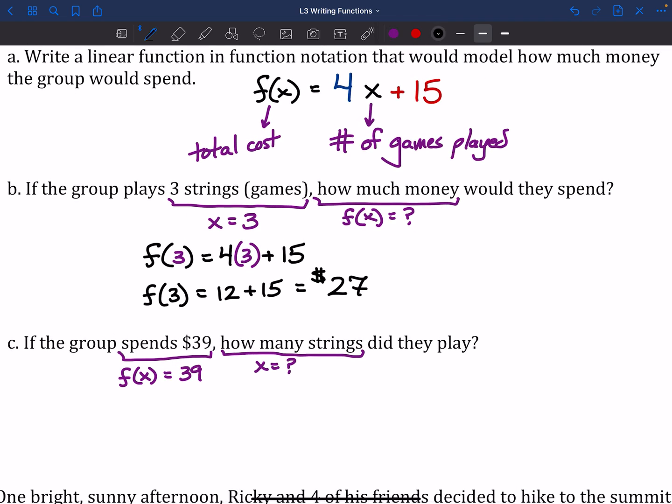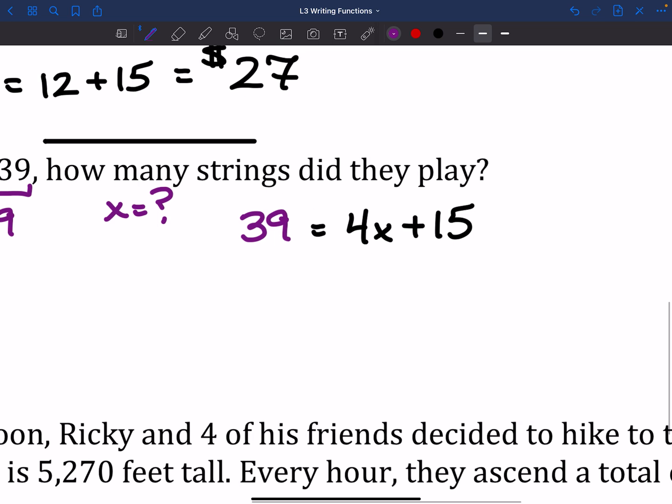We're going to take a look at our original function, f of x equals 4x plus 15, and plug in the piece that we know. We know the entire thing, f of x, is equal to 39. So where I have f of x, I'm going to replace it with 39. After we do that, I have 39 equals 4x plus 15.